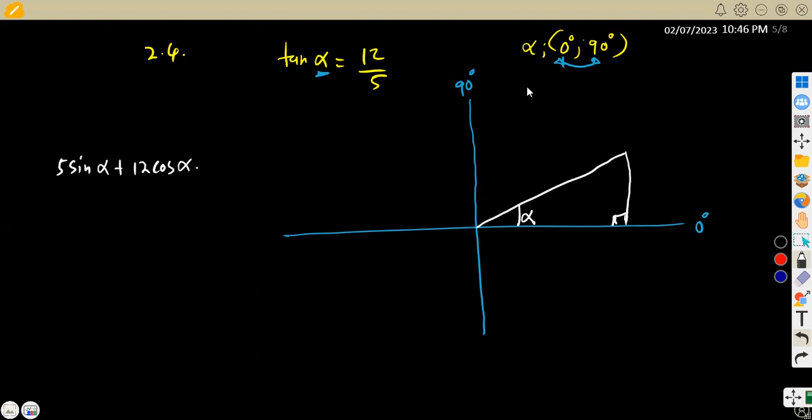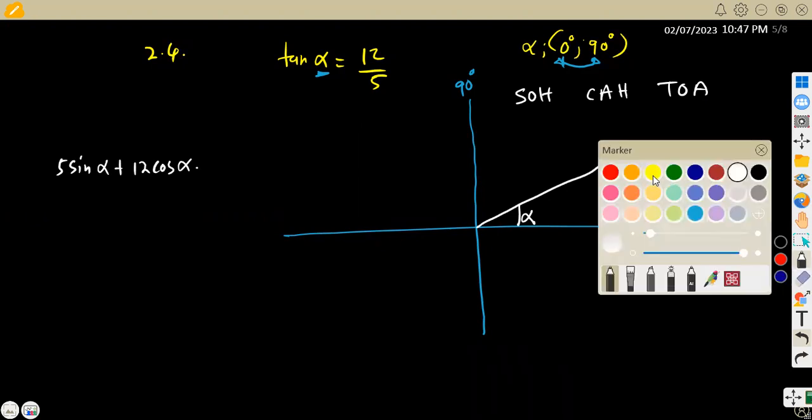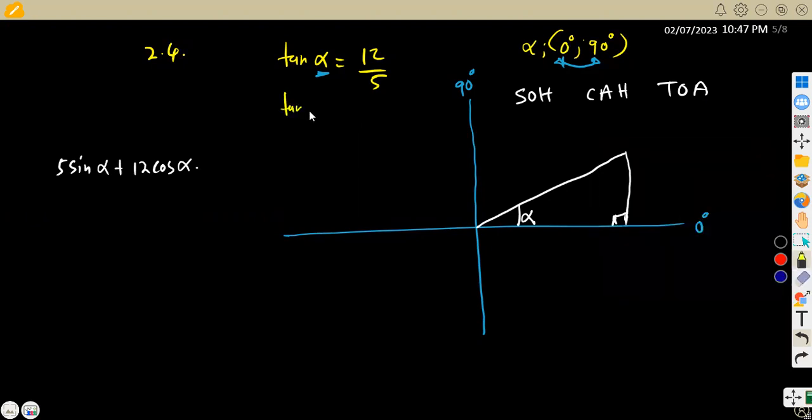Knowing that from our SOH CAH TOA, we are given a ratio for tan. From this ratio of tan, tan alpha is equivalent to opposite over adjacent. So the 12 that we see here represents the opposite, and the 5 represents the adjacent.